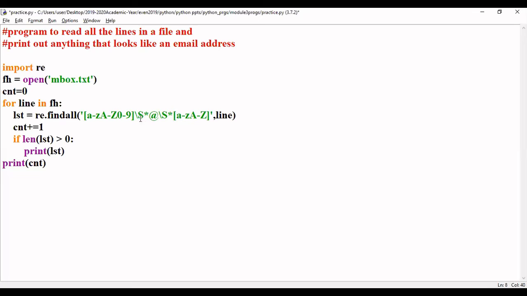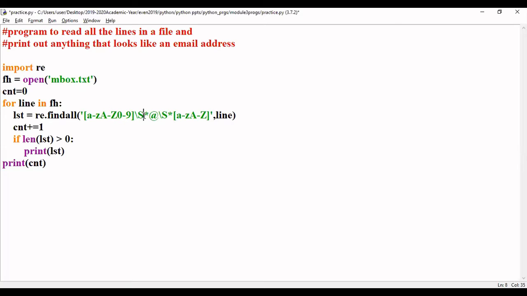Why have we replaced plus with star? We know that whichever is enclosed in the square bracket is itself one non-blank character. That is why we are using star. When I say plus, it indicates one or more.